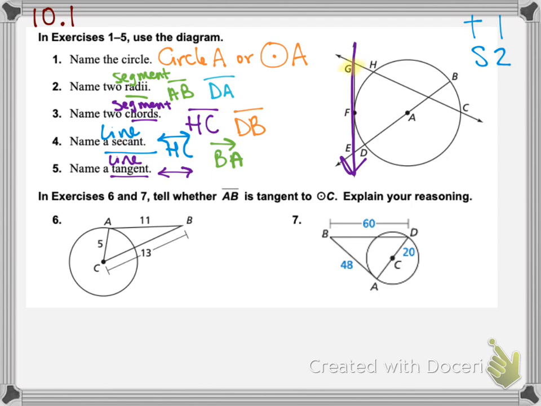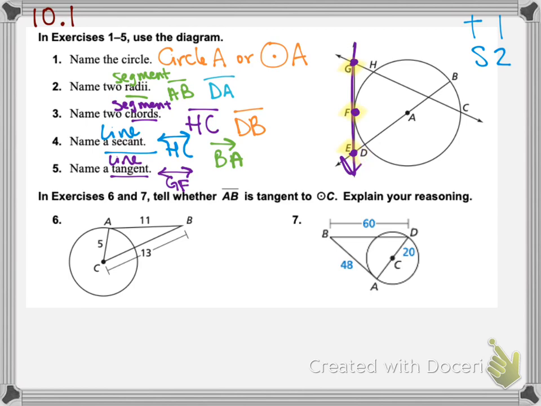G is on the line right there, F is obviously on the line, and I believe that's E. E is also on the line. So you could say GF, GE, FE, EF, EG, really any combination of any two of those letters. So E, F, and G. D is not included.